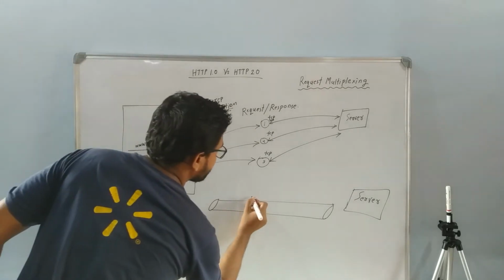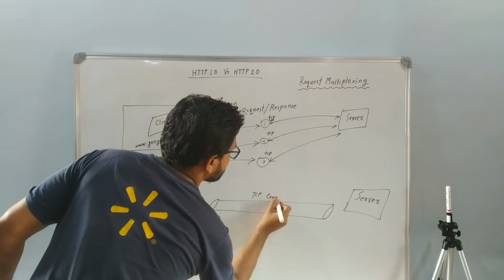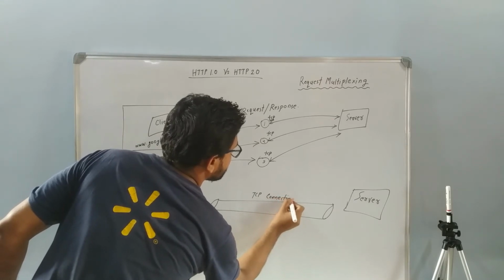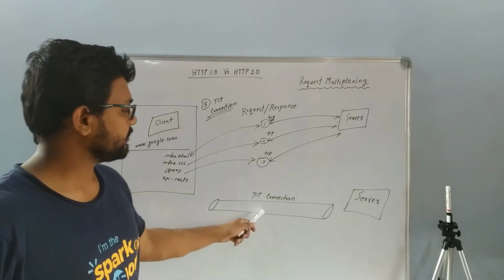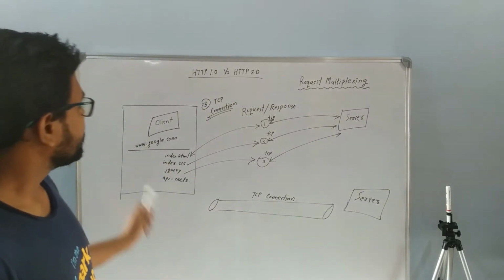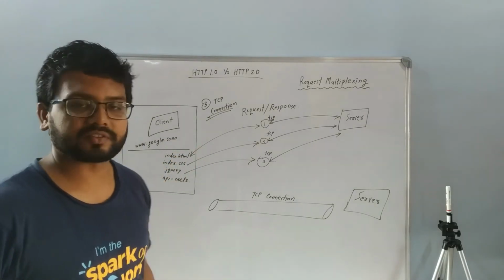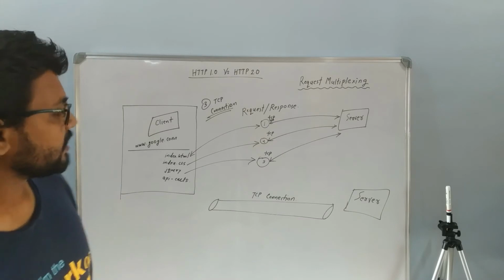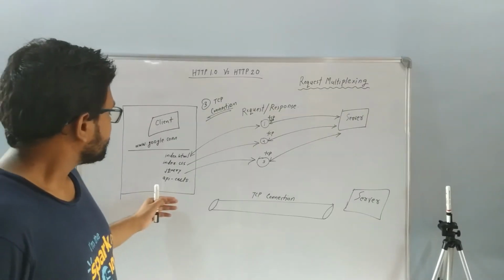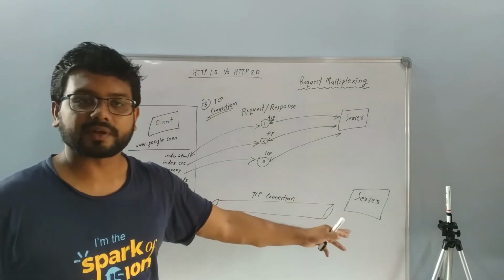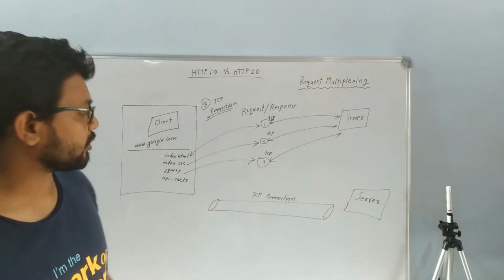There will be a single TCP connection, and the client can request multiple resources from the server in that single TCP connection, asynchronously. So there will be parallel, asynchronous requests going out to the server over the single TCP connection. That's the beauty of this approach.